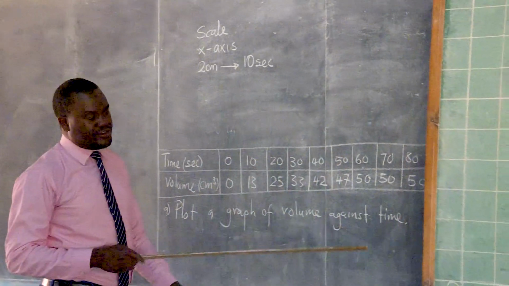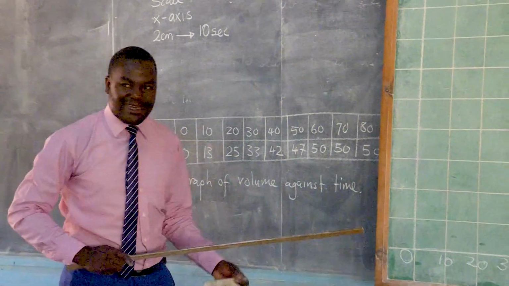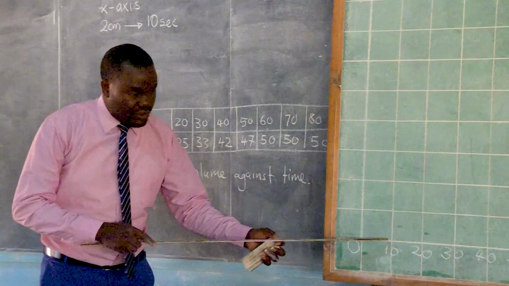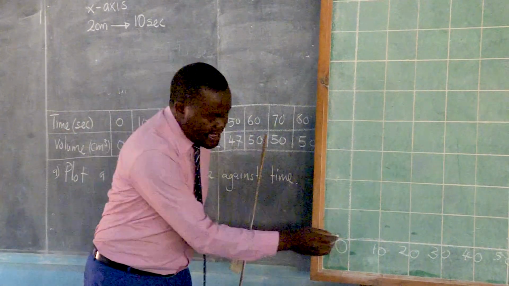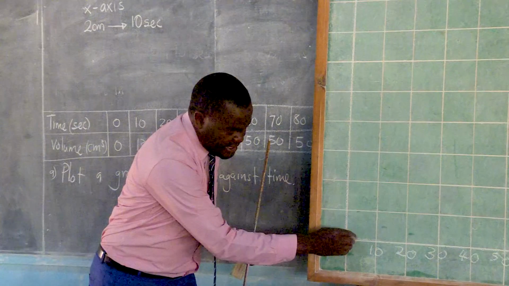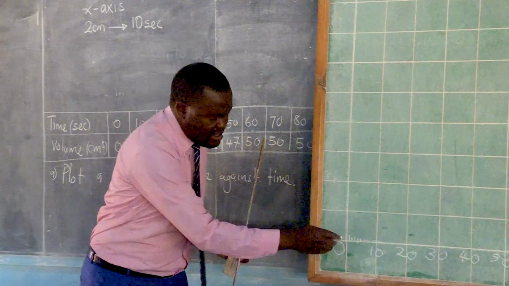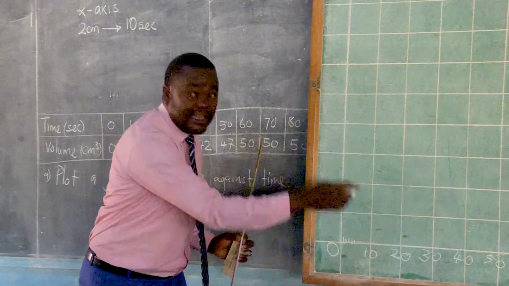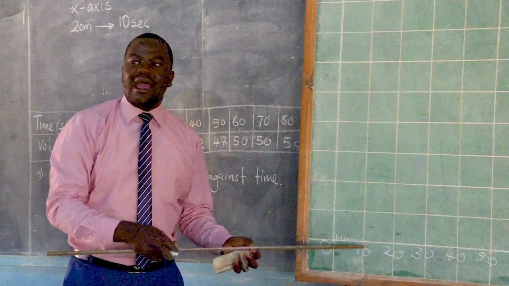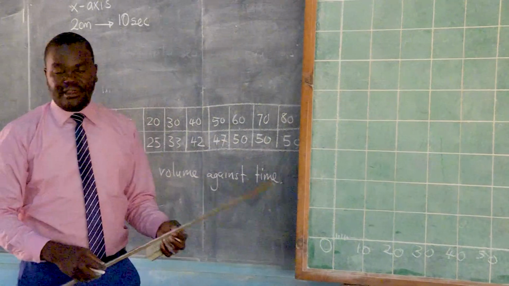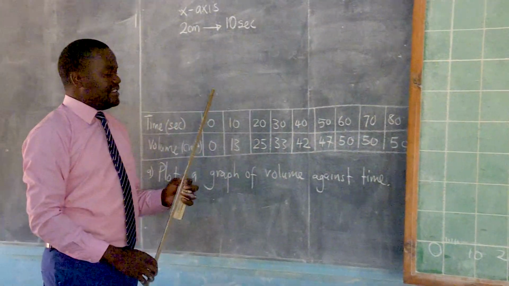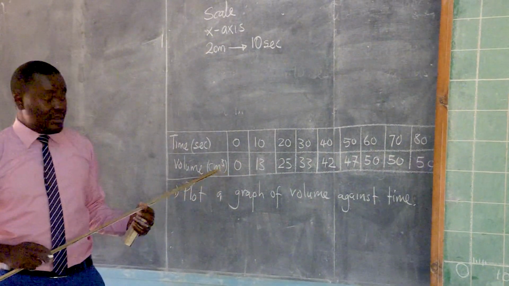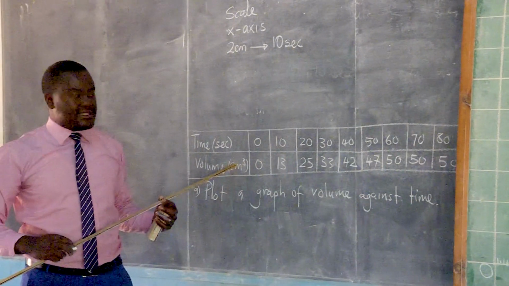From our graph, from there to there, you find that there are 10 smaller boxes there. So to know the value of this smaller box, you simply divide this 10 by the number of boxes, which are 10. Are we together? Yes. Okay.